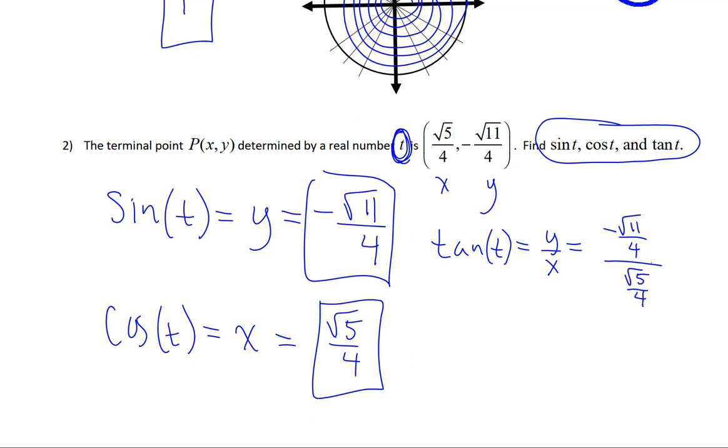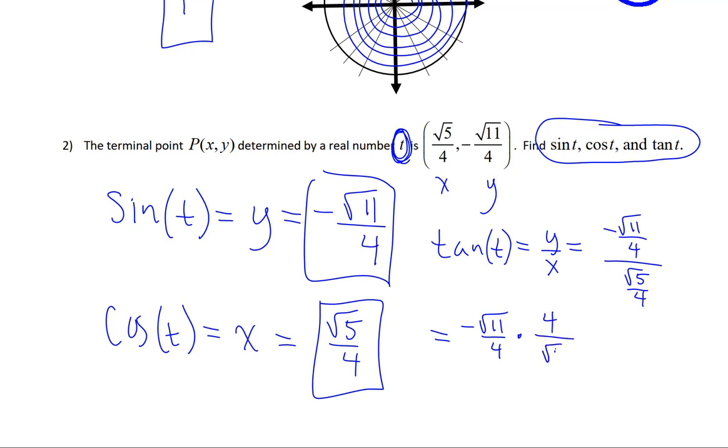Now, we get immediately an ugly complex fraction, a fraction within a fraction, right? And so we want to simplify this much further. Let's recall that if you're dividing by a fraction, it's the same thing as multiplying by the reciprocal. So we could rewrite this fraction as negative square root of 11 over 4, that's the numerator, times the reciprocal of the denominator.